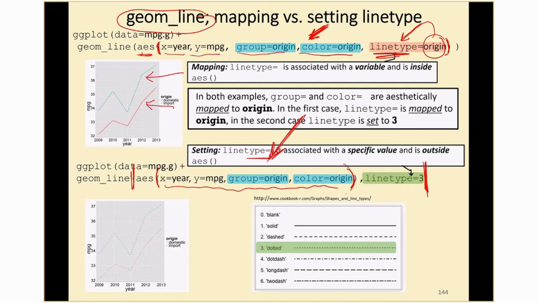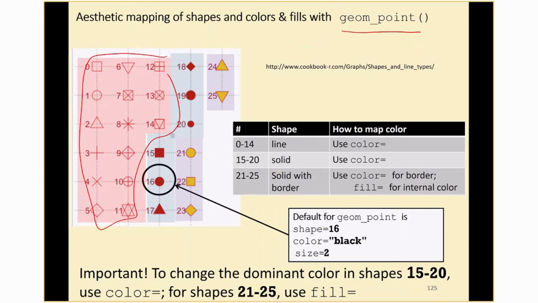So this is all the aesthetic mapping. But outside the parentheses of the aesthetic mapping, followed by a comma, I've set the line type equal to 3. Now, in an earlier slide, we saw that there are 25 different shapes available with geom point.